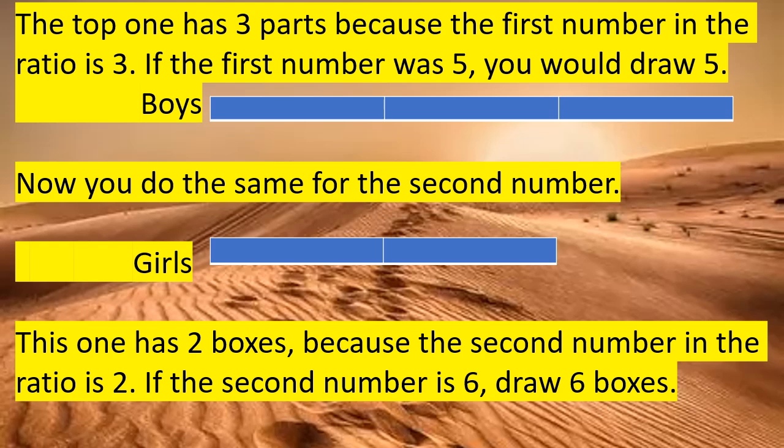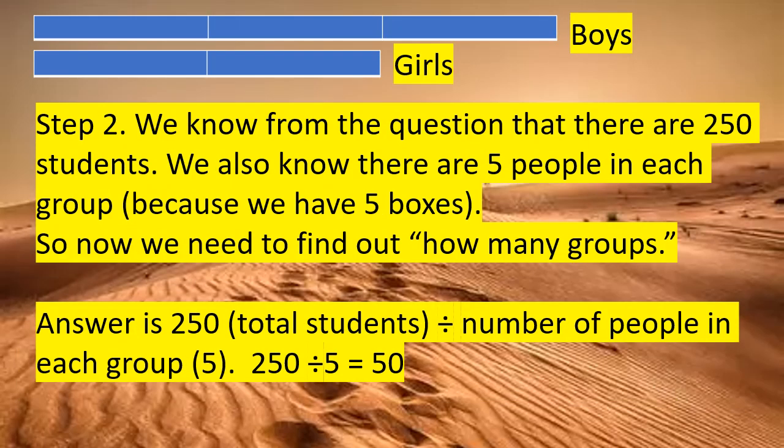So the first one is boys. Now you do the same for the second number. So the second number is 2, so it has 2 boxes for girls. If the second number was 6, you would draw 6 boxes. So now we have our 3 boxes for boys and 2 for girls.